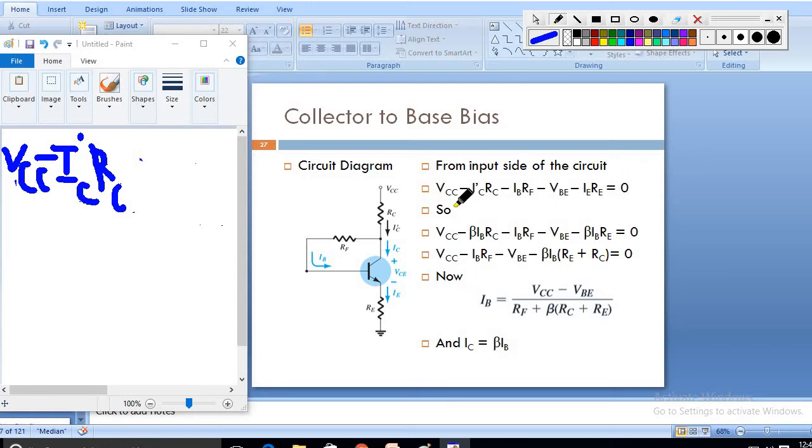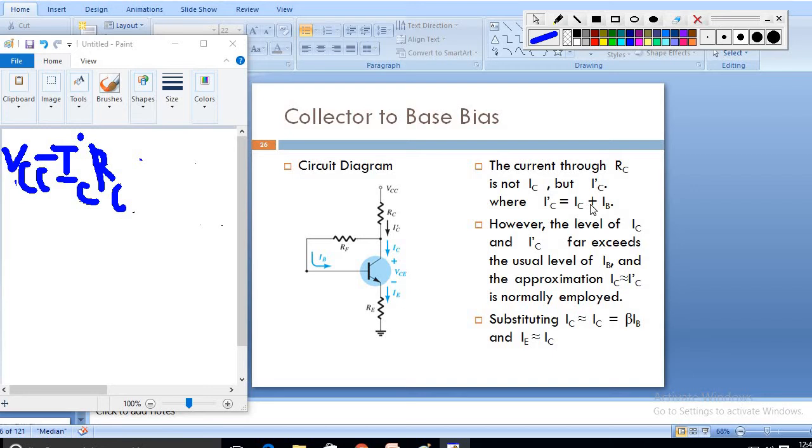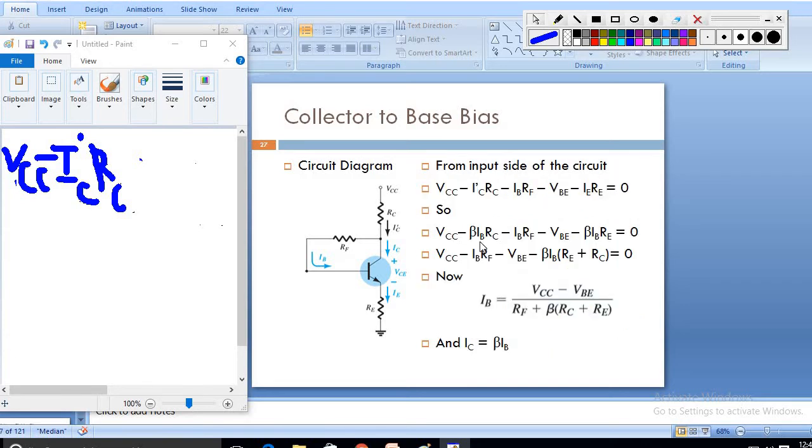After rearranging this equation, see here, IC dash is equal to what? IC plus IB, or IC dash is equal to IC, right? IC is equal to beta IB. That I am substituting here.